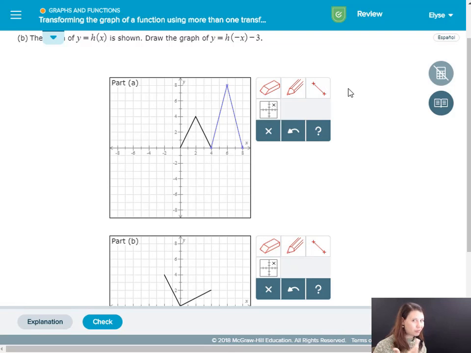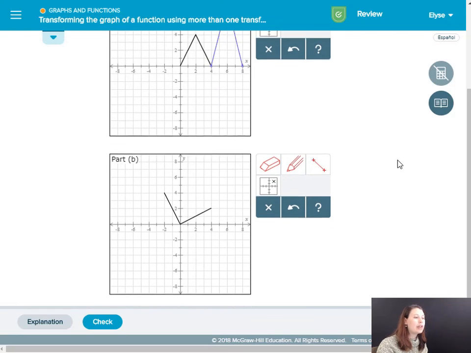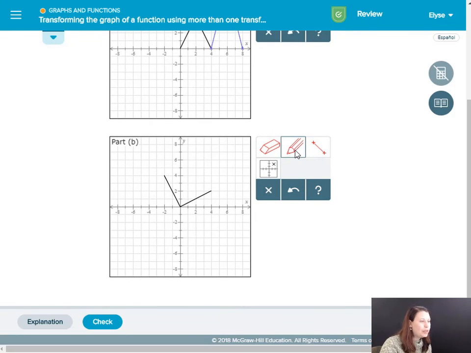If it's with the variable, it doesn't do it the same way, right? So negative is on the x, meaning it does not reflect it about the x-axis. It reflects it about the y-axis. So let's do that first. Now, if something is on the axis and we flip it, it doesn't change, right? So this one is still right there.